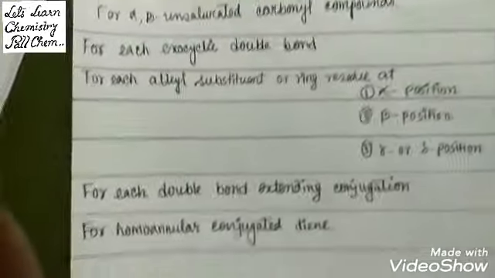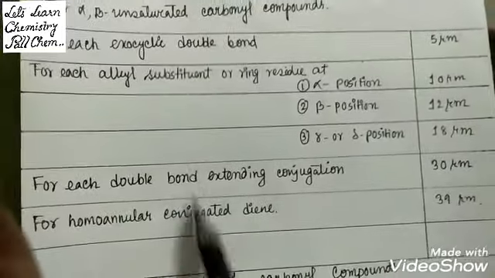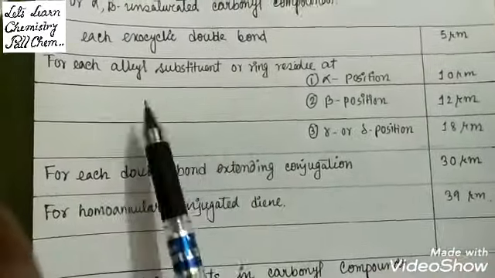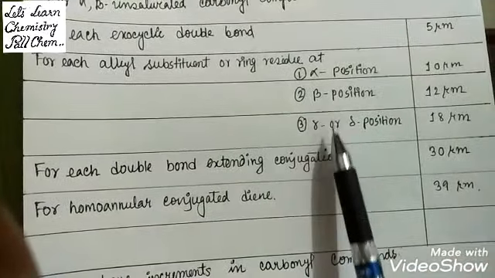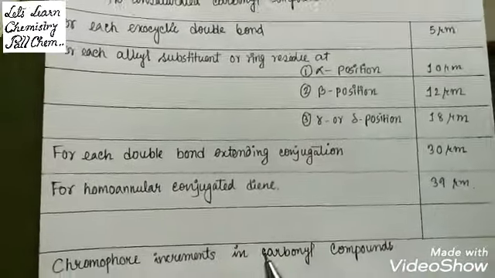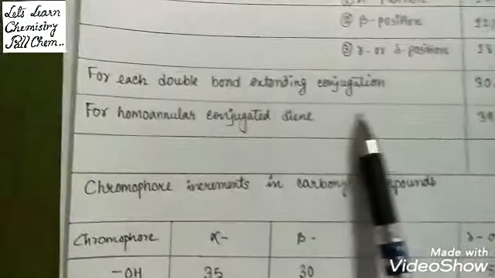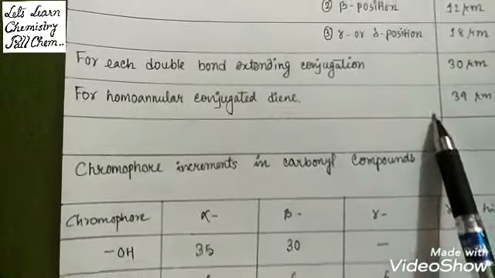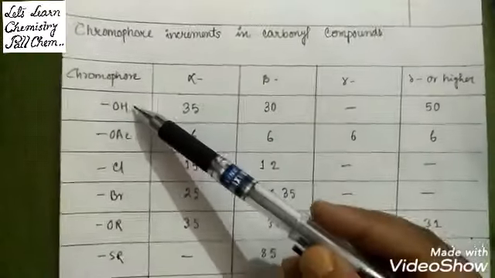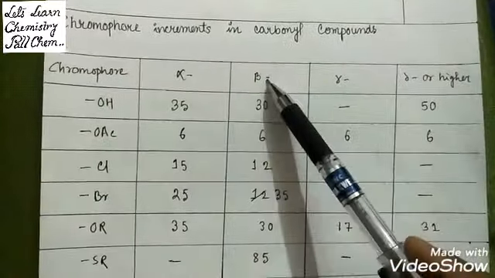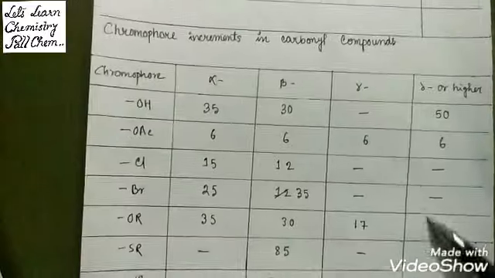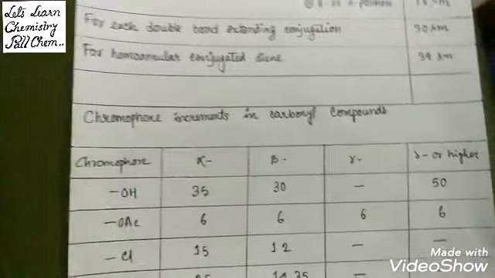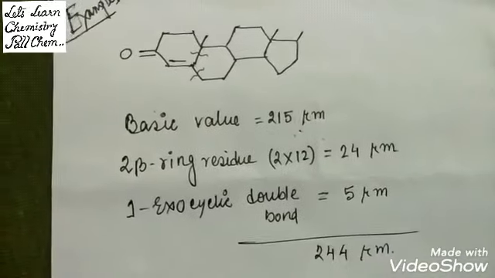Similarly, for alpha beta unsaturated carbonyl compounds, we have some values: exocyclic double bond, alkyl substituent at the alpha position, beta position, gamma or delta position, then double bond extending conjugation, homoannular conjugated diene. Then if some groups are present at the alpha position, beta position, gamma position, they all have different values. If we see the examples, this is one.